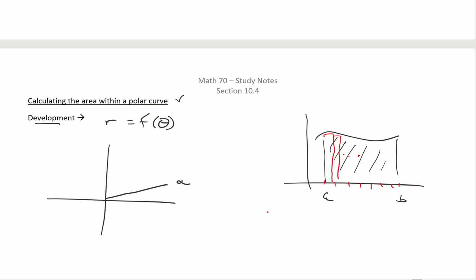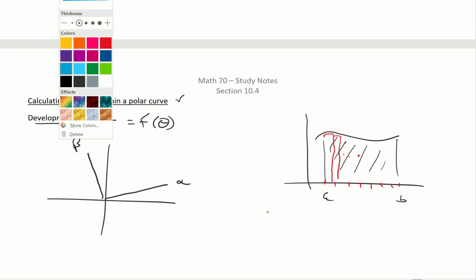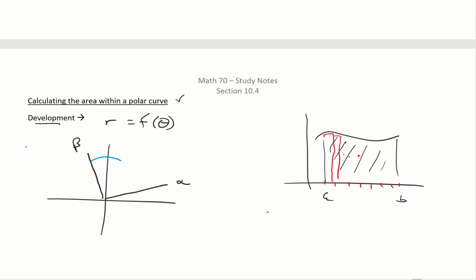We don't care about the arc right now. And then maybe cruising on over to some other angle, beta. And this curve is doing whatever it's doing, okay? So from here, who knows what it's doing? It could be a cardioid. It could be a rose, part of a rose curve, things like that.